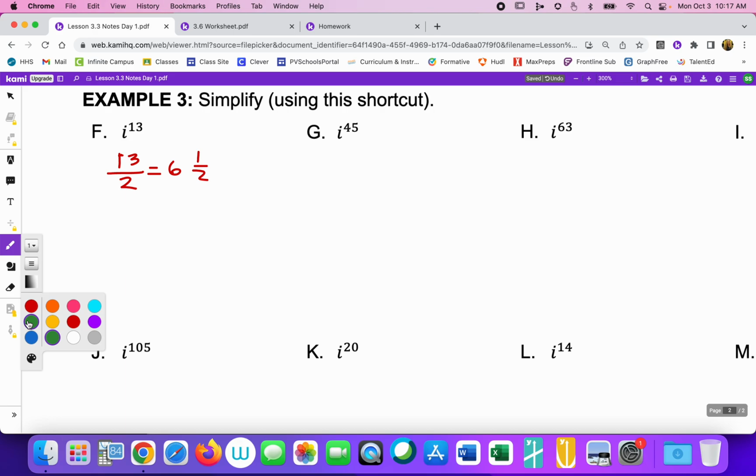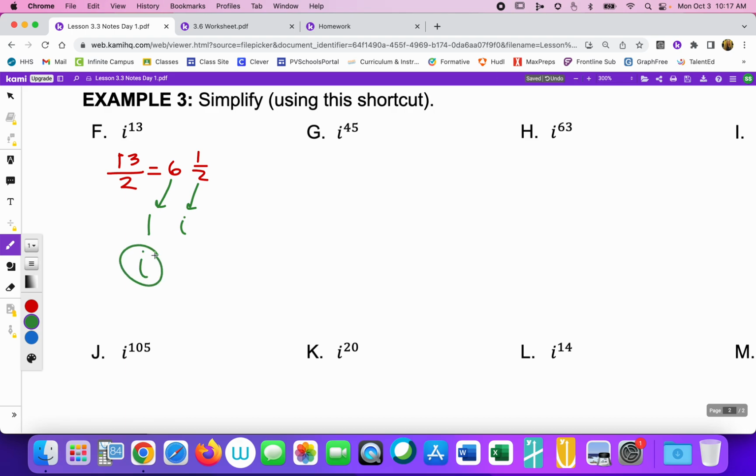It's an even number, which means a positive 1 comes from that. Any fraction left over, so if you're dividing an odd number by 2, this is going to happen every time, this half or a 0.5 would indicate an i. And then 1 times i would just be i.